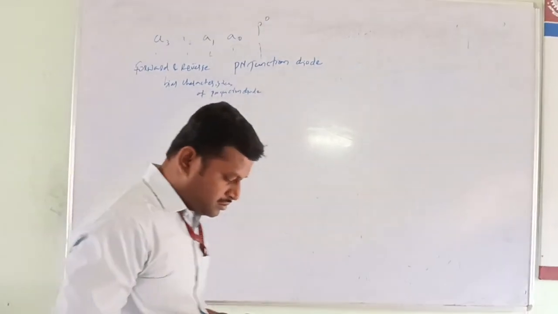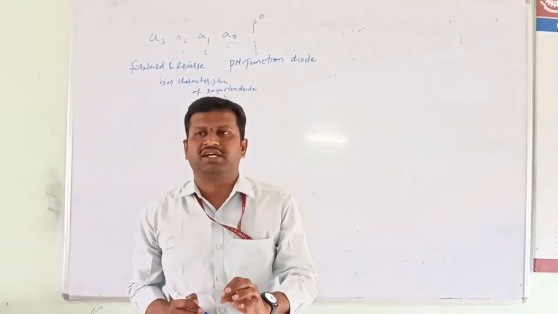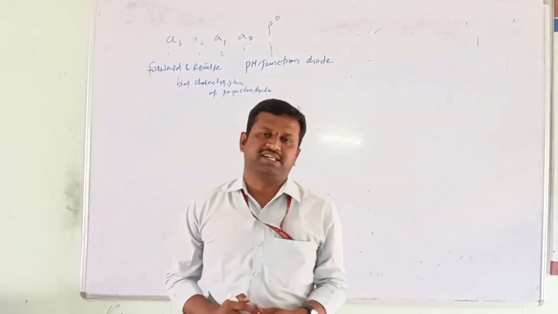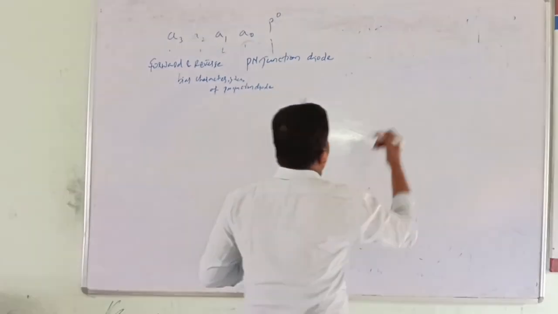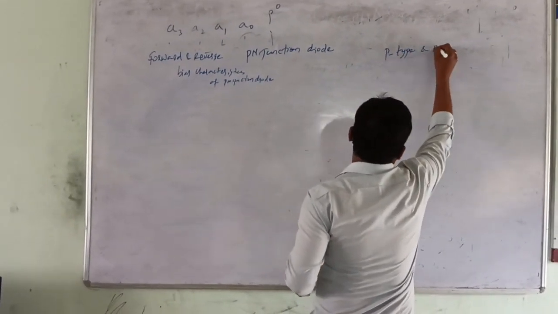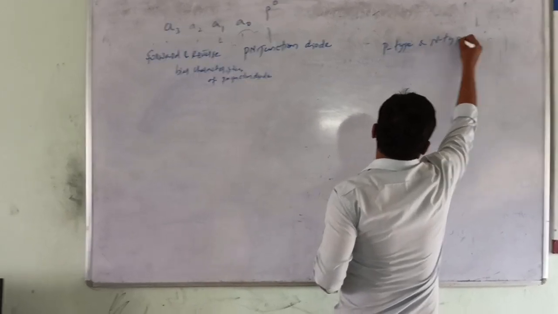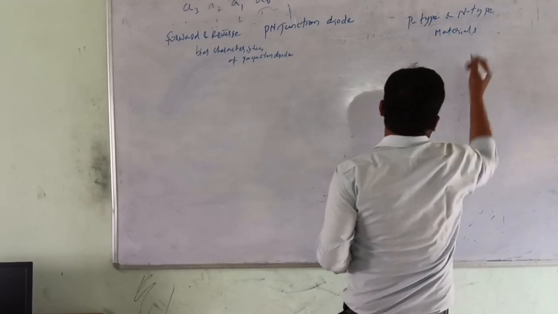First of all, a PN junction diode is a fundamental semiconductor device formed by P-type and N-type materials.